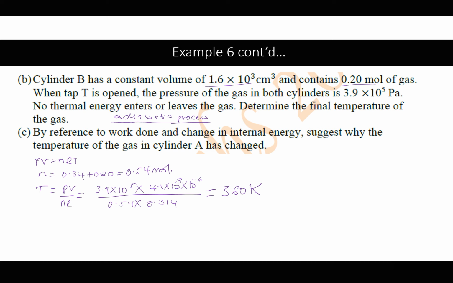When you compare this with the initial temperature, which was 300 K in one of the cylinders, the new temperature is above 300 Kelvin, meaning that the temperature of the gas in cylinder A has actually increased.